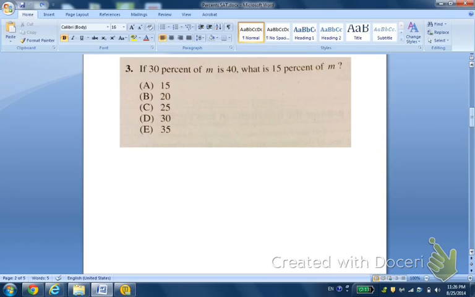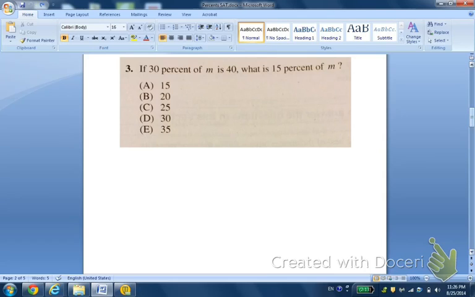Okay, we're going to be looking at an SAT problem. This is from an actual SAT problem. It's from test number 9, question 3, on page 796 of the blue book.